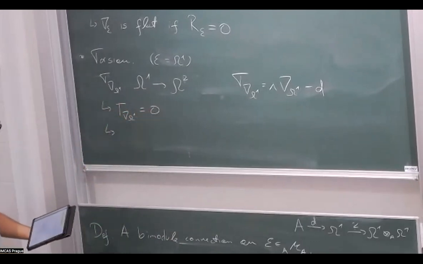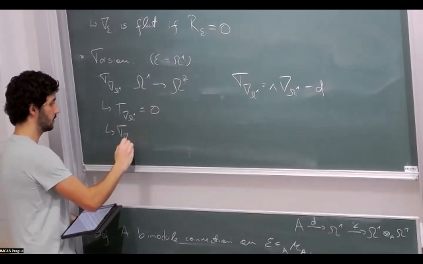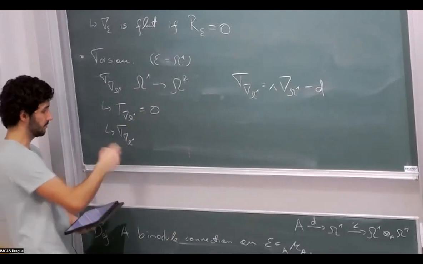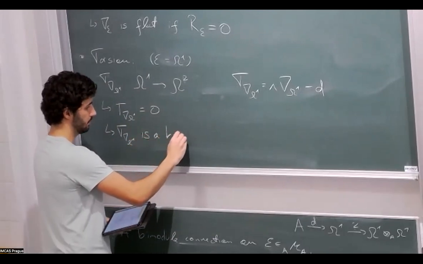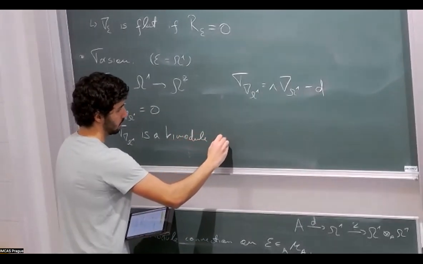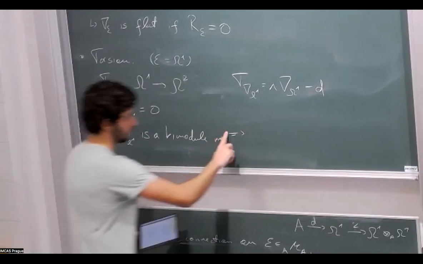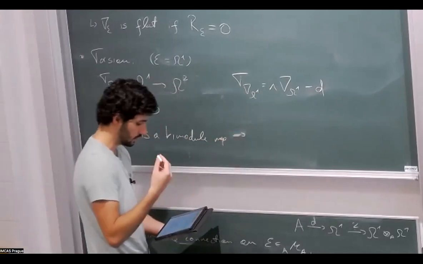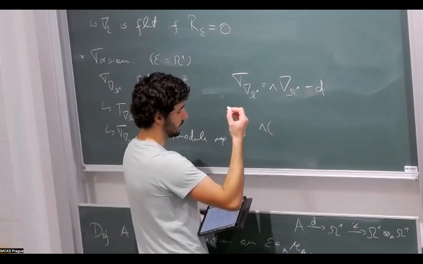And this map is not always a bimodule map, but one condition that will be important for us is that if this is a bimodule map, then this implies a condition on the braiding, which is just this.